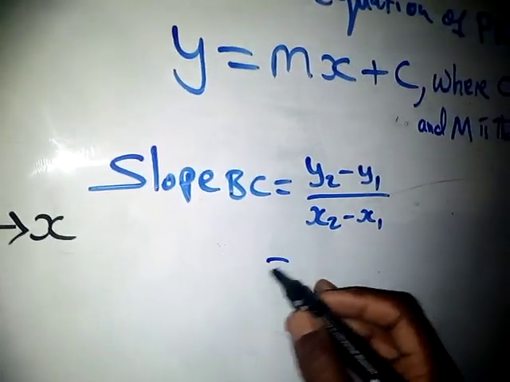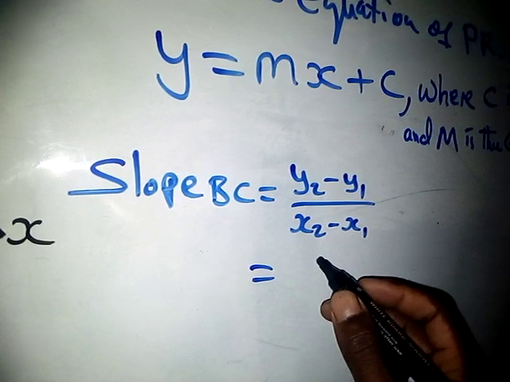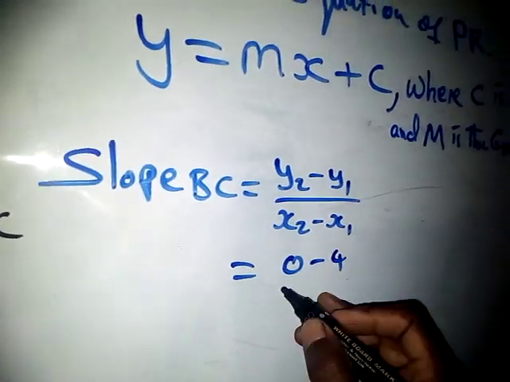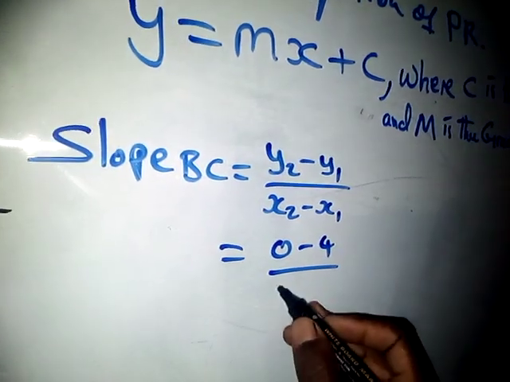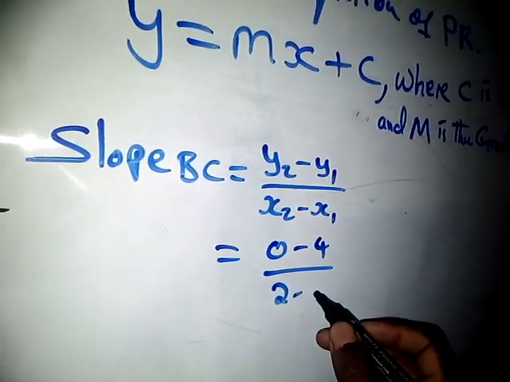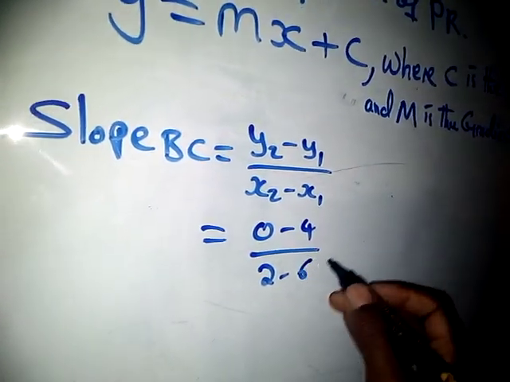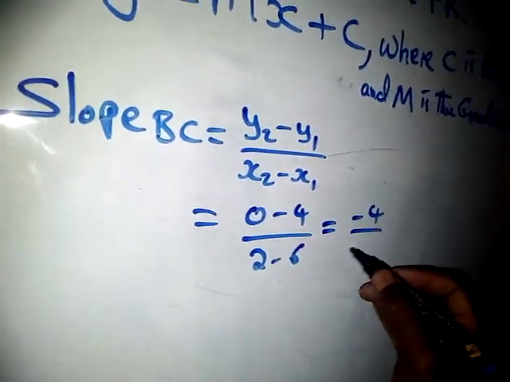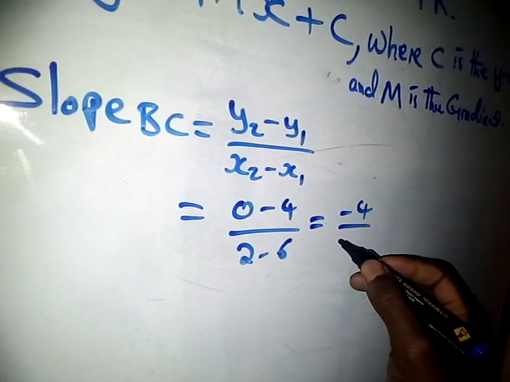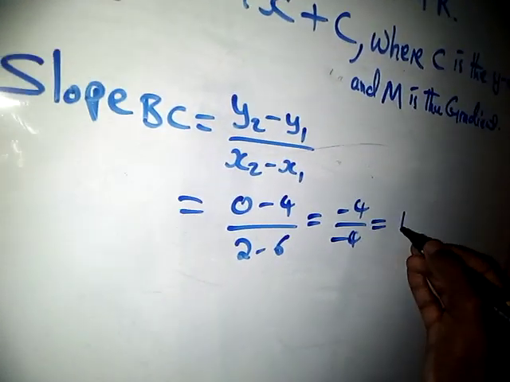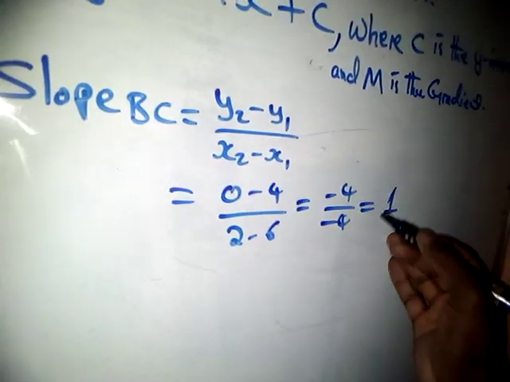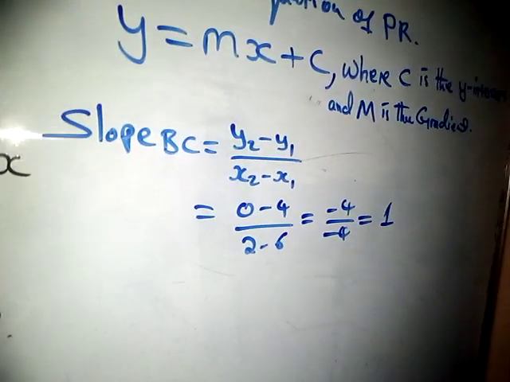We see here that y2 is 0 and y1 is 4, x2 is 2, x1 is 6. When you simplify, we have minus 4 over 2 take away 6, that's minus 4, which gives us positive 1. So the gradient of line BC is actually positive 1.